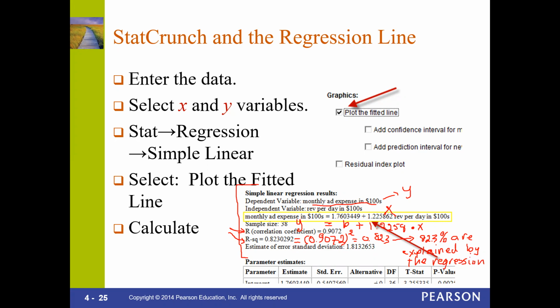So 82.3%, you can round it to about 83%. If you say 83%, that means about 17% is not explained by the regression line.